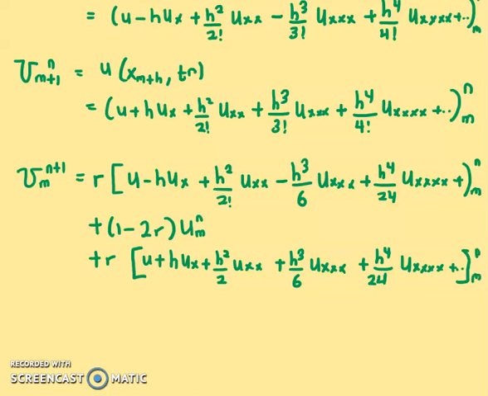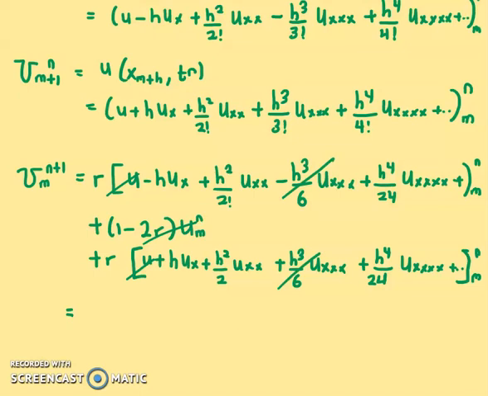Okay, so what happened now here? We can cancel out some terms. This is r u_m^n, which gives me 2r, so this term cancels out. The next terms are negative and positive, so this and this cancel out.